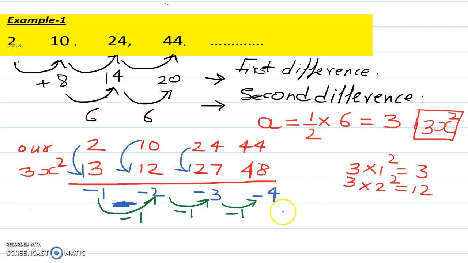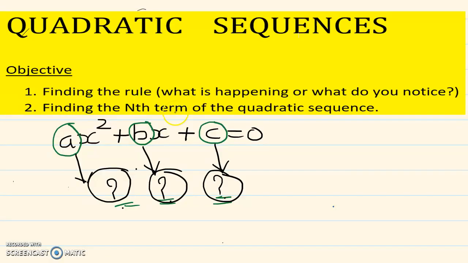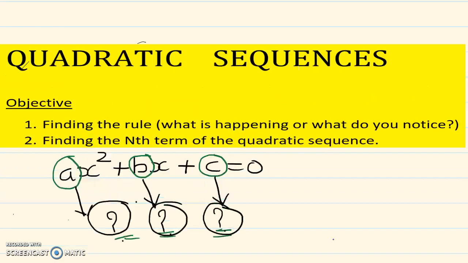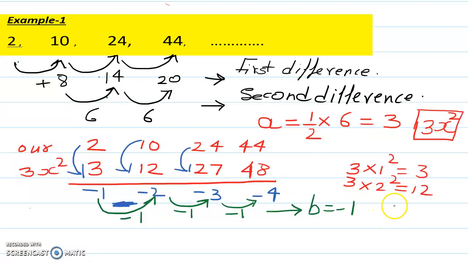So this gives you the value of b: b is minus 1. b is the coefficient of x, so we write minus 1x. Now we need to calculate c.